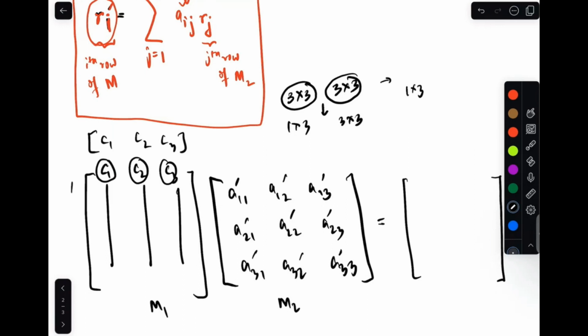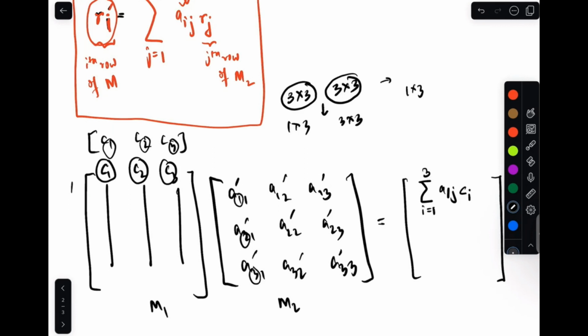So it's C1 times A1 dash. So let's write it directly as a summation. Now observe that here, the first one is changing. Okay, C1 times A dash 11, C2 times A dash 21, C3 times A dash 31. So here the summation is over Ai, and here it is Ci, but here the summation is over 1 to 3.